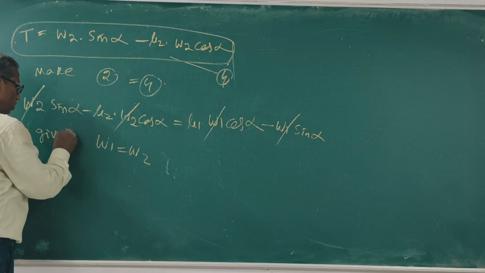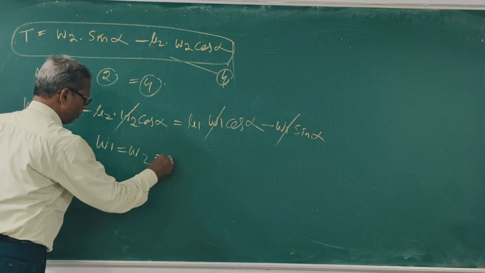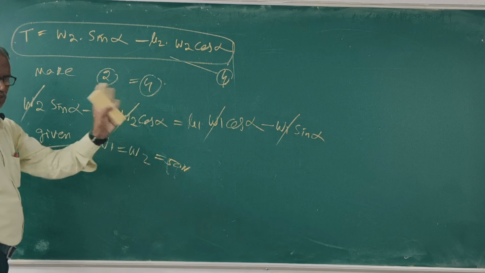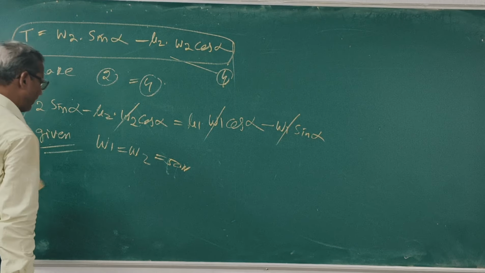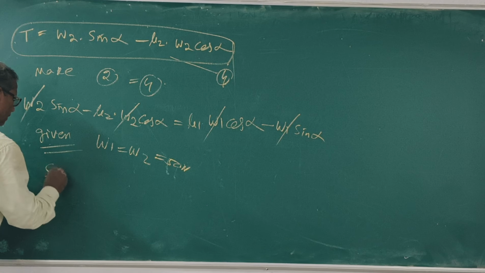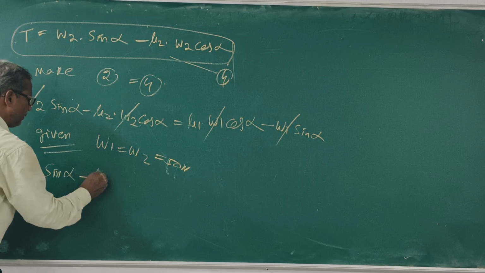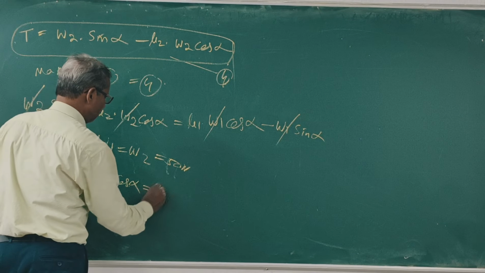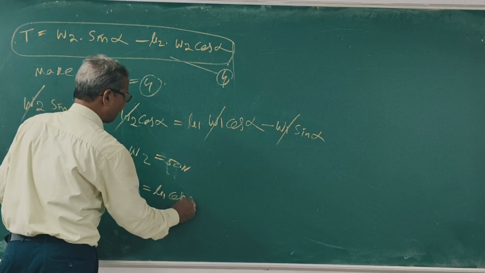So I cancel W1 and W2 on both sides. What is the final answer? sin alpha minus mu2 cos alpha is equal to mu1 cos alpha minus sin alpha. Clear?